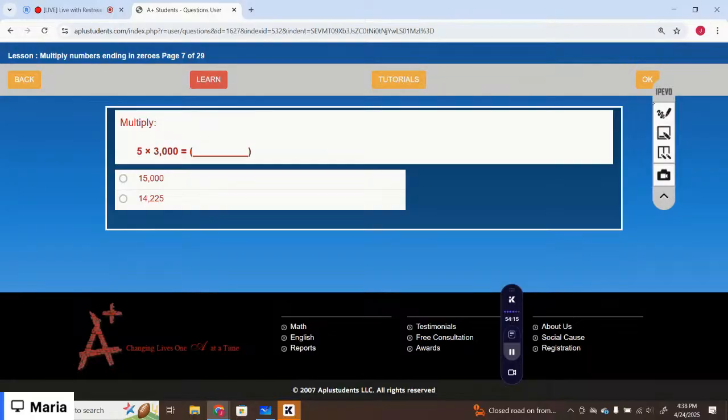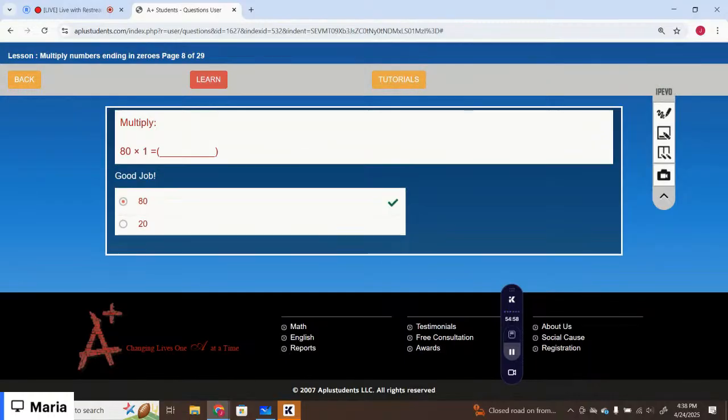That is 15,000. Option number 1 is the correct option. 80 times 1 equals. 80 times 1 is 80. Option number 1 is the correct option.